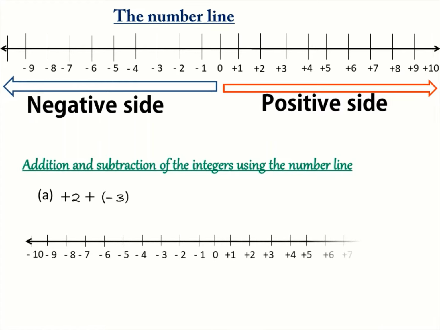So we draw a number line so that we demonstrate how we use it to add. So it's important to note where we start from. When you are adding, the very first number is where you start from. And then when you look at the second number, it's a negative.